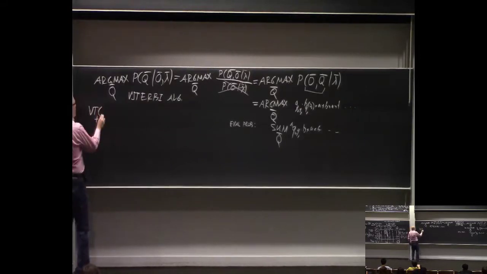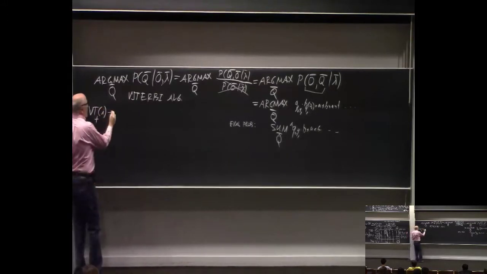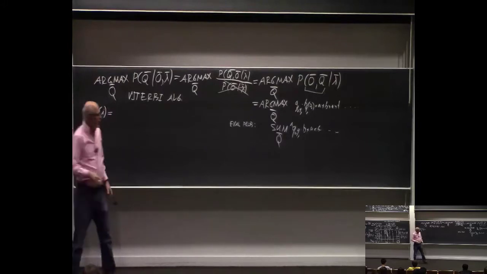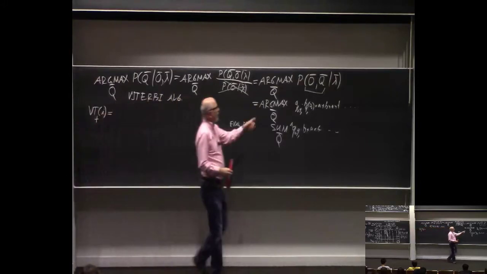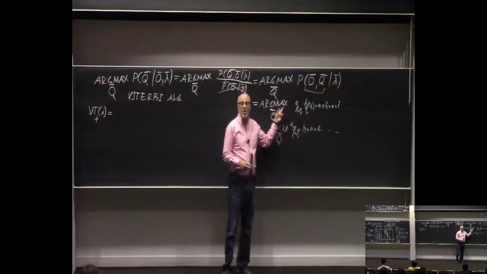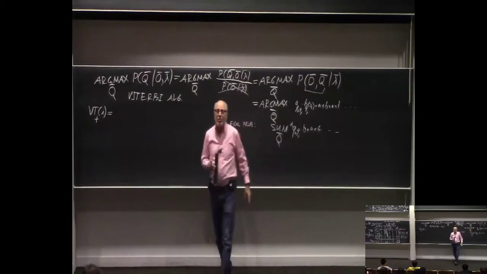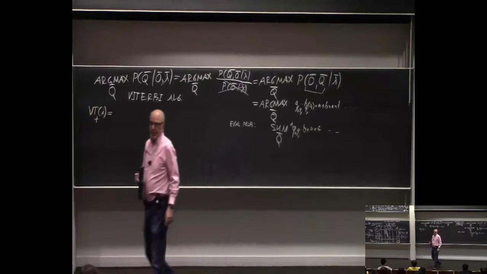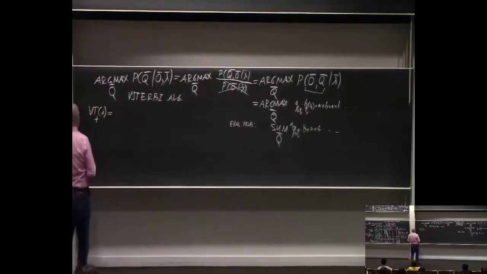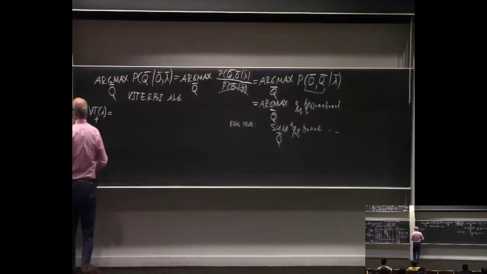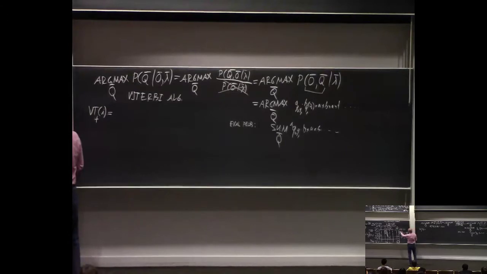And Vt, or Viterbi, of time t of state i is defined as, I'm actually not going to go for the argmax, I'm going to go first for the max. I'm going to calculate the max, but I'm going to keep track of what gave me the max so I can get the argmax. Viterbi of state i should be identical to the alpha calculation.